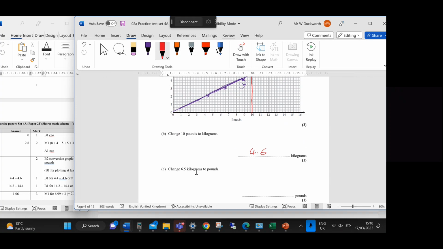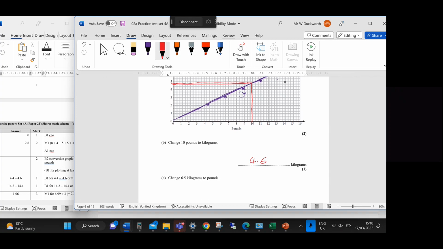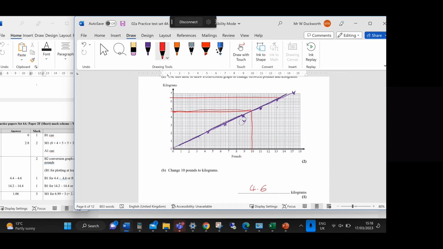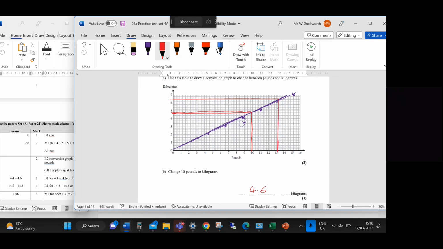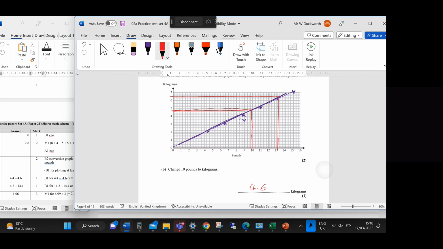Change 6.5 kilograms into pounds. So we're going the opposite direction now. So at 6.5, we go across to our graph. When it's hit our graph, we go down.